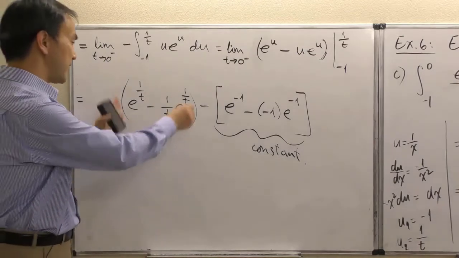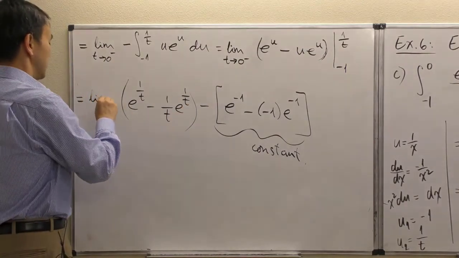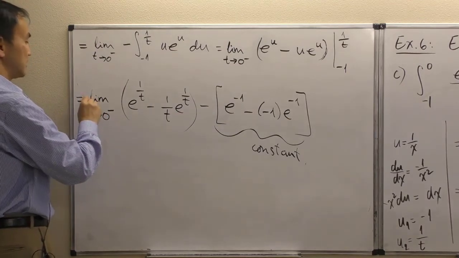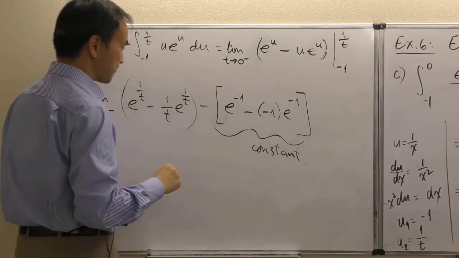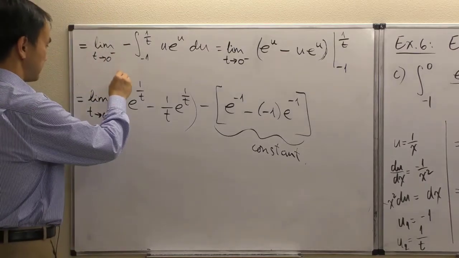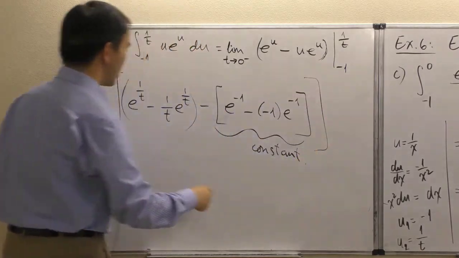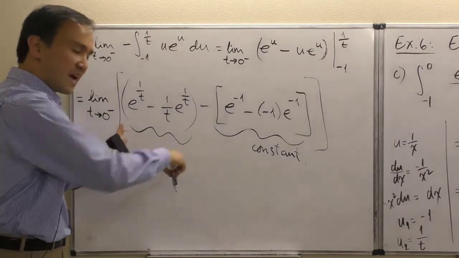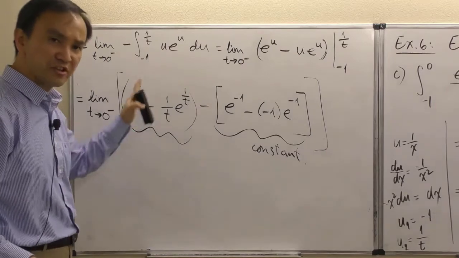And so let's find out what that limit is. The limit as t approaches 0 from the left-hand side. Everything we worry about is mainly the limits here, because that's the only term that has t involved, and that's changing depending on the value of t.